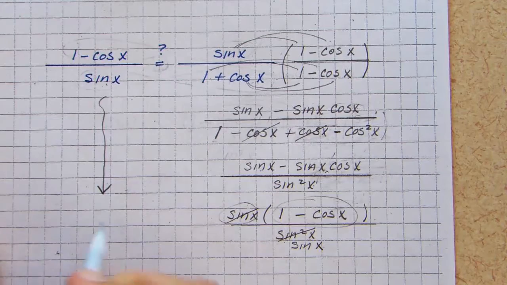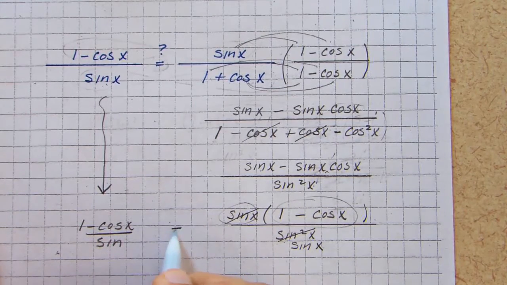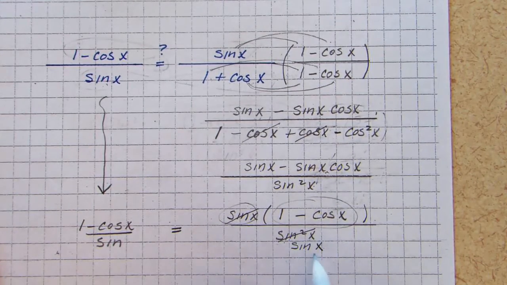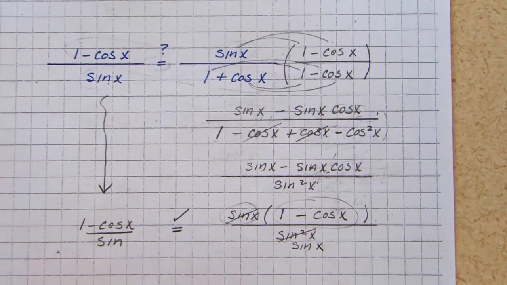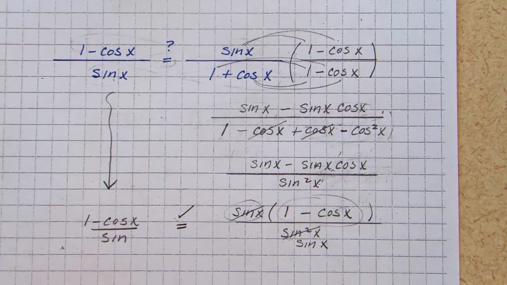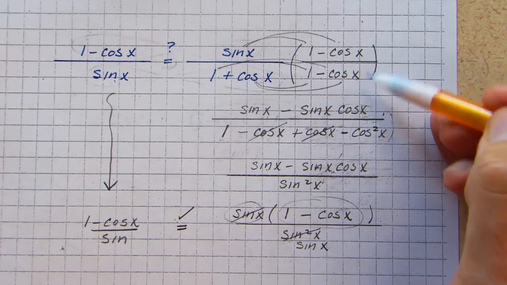I'm going to leave it alone. And so I've got 1 minus cos x over sine x does equal 1 minus cos x over sine x. And so now I have verified, I have shown that the 2 sides are equivalent. So again, a nice little use of that idea of a conjugate.